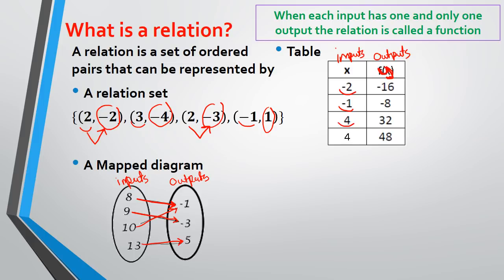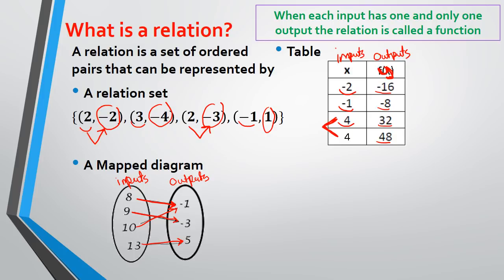So we have -16, -8, 32, and 48 as the four outputs. Now, this relation is not a function because 4 here has two outputs. 4 has 32 as an output, and it has 48 as an output, which means that this relation is not a function.